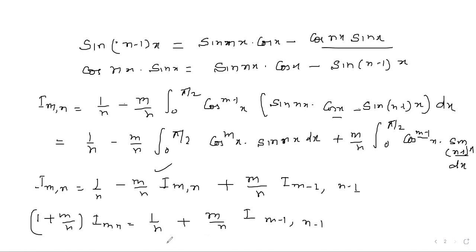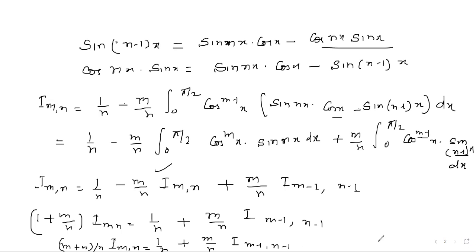So we get (m plus n) times I_mn equal to 1 plus m times I_(m-1, n-1).